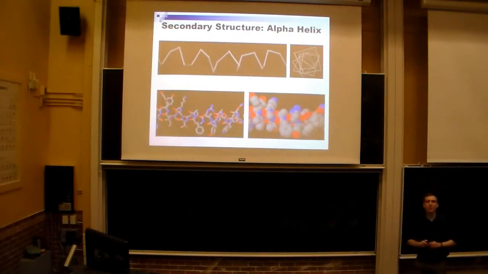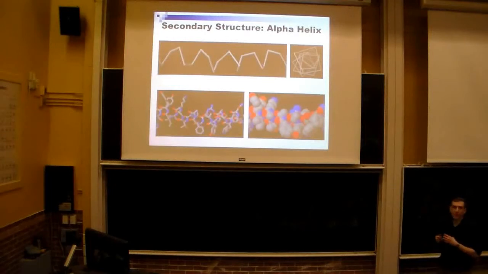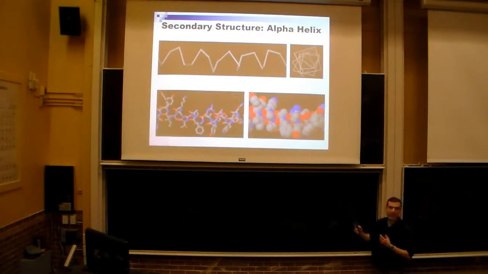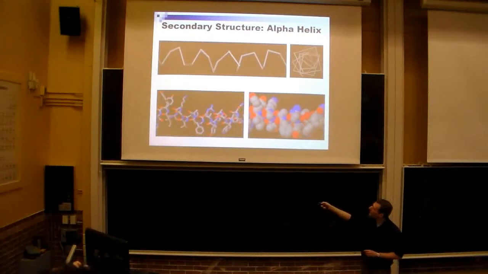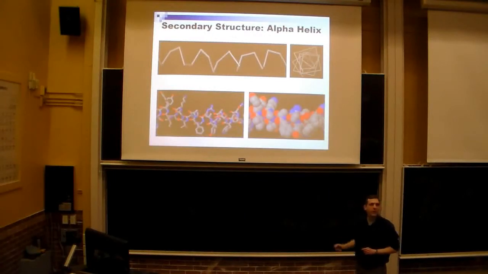If we take a slightly more realistic view of this sequence, we're adding back more of the atoms. This is showing what's called a wireframe diagram of that same piece of alpha helix, putting in all of the non-hydrogen atoms. It's worth knowing what the color code is when you look at these pictures. The standard code is that carbons are gray, reds are oxygen, and blue are nitrogen.